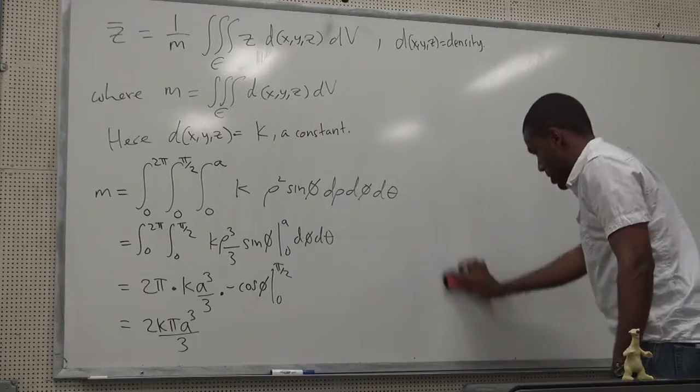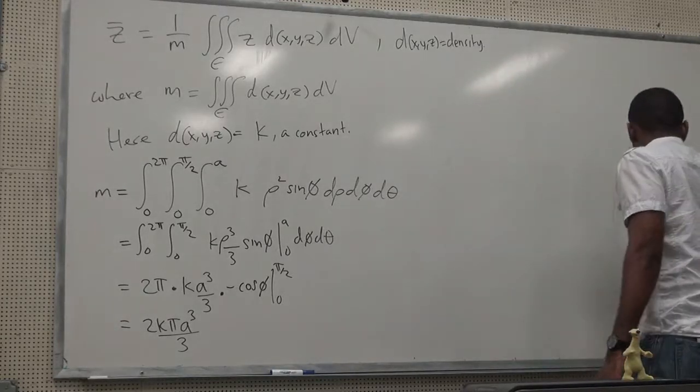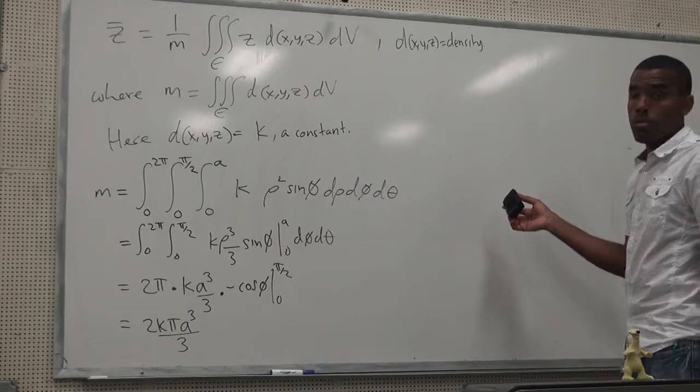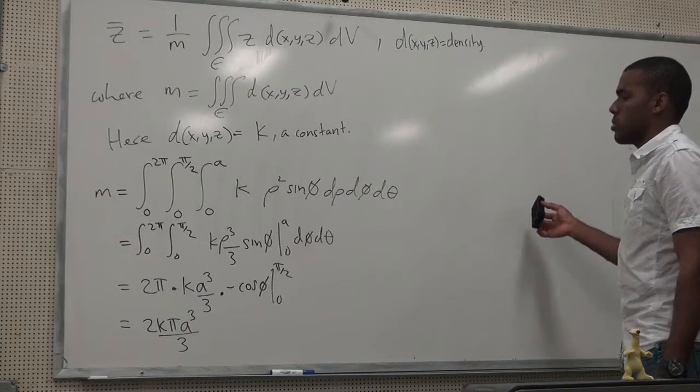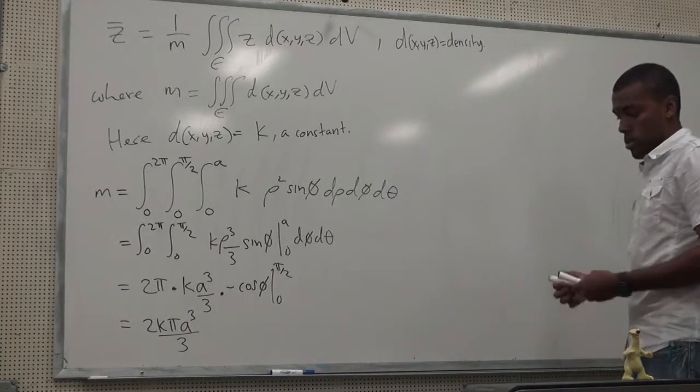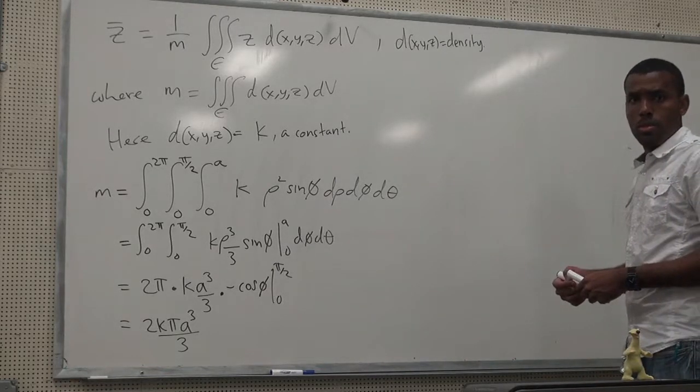What's the formula for the volume of the sphere?